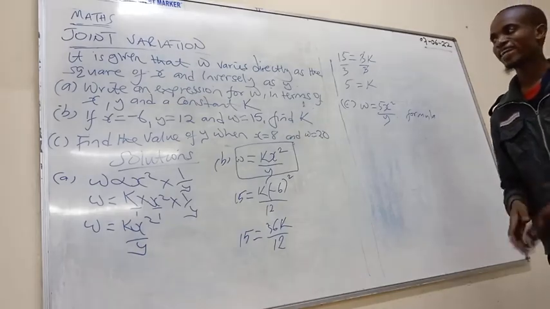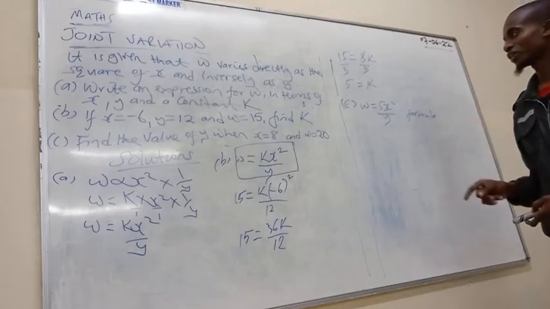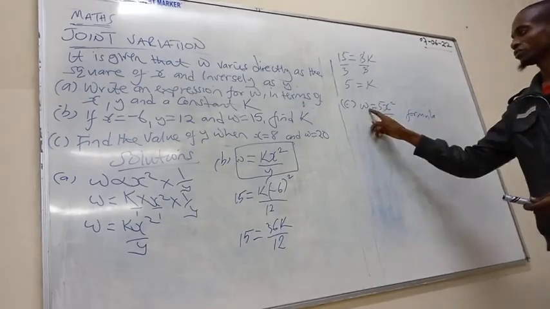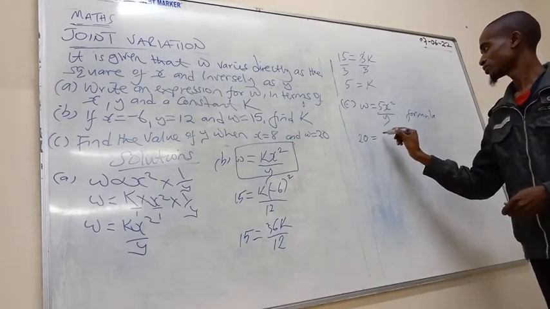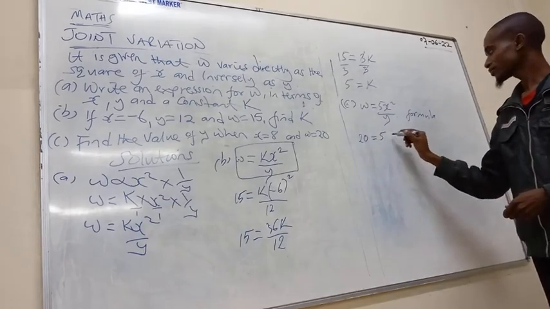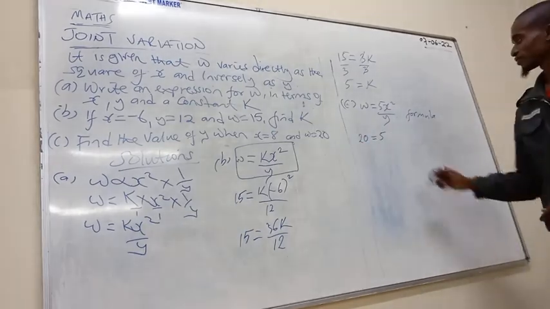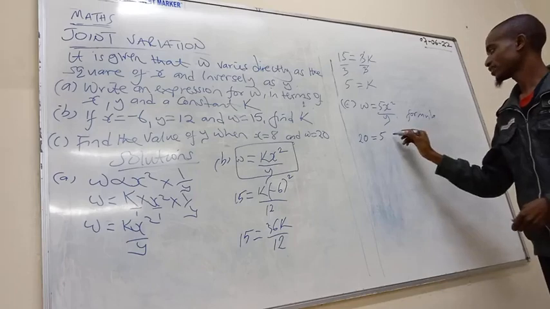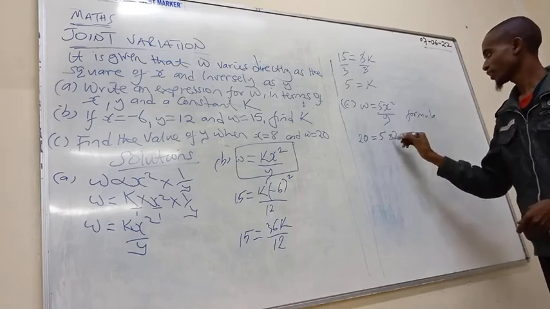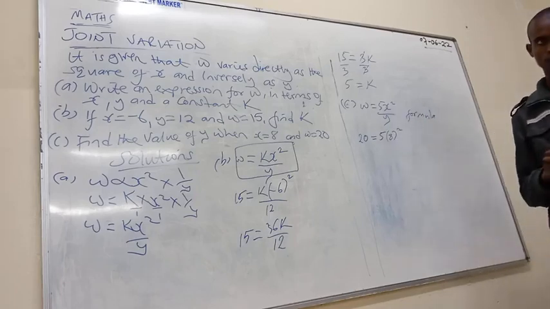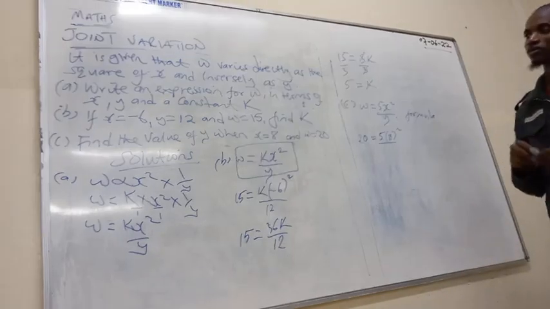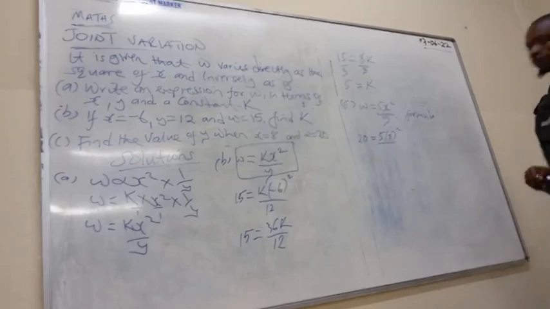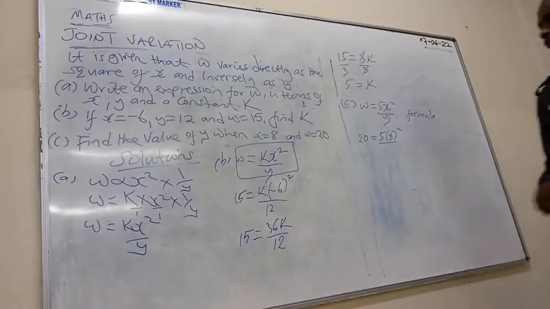Find the value of y when x is 8 and W is 20. So let us replace. Where there's W, put 20, is equal to 5. What about x? X is 8. So the square here, you also do like that, over y. What's the value of y? Y is the one they want us to find, that we were not given.